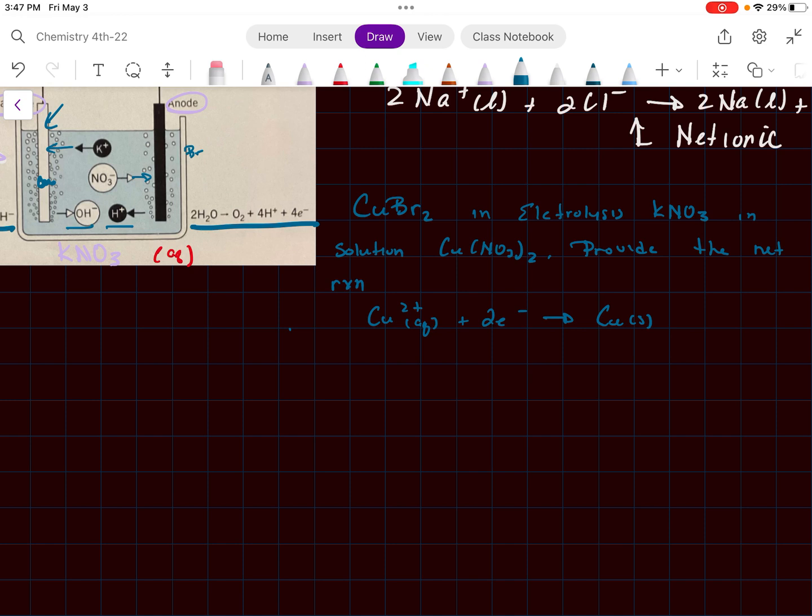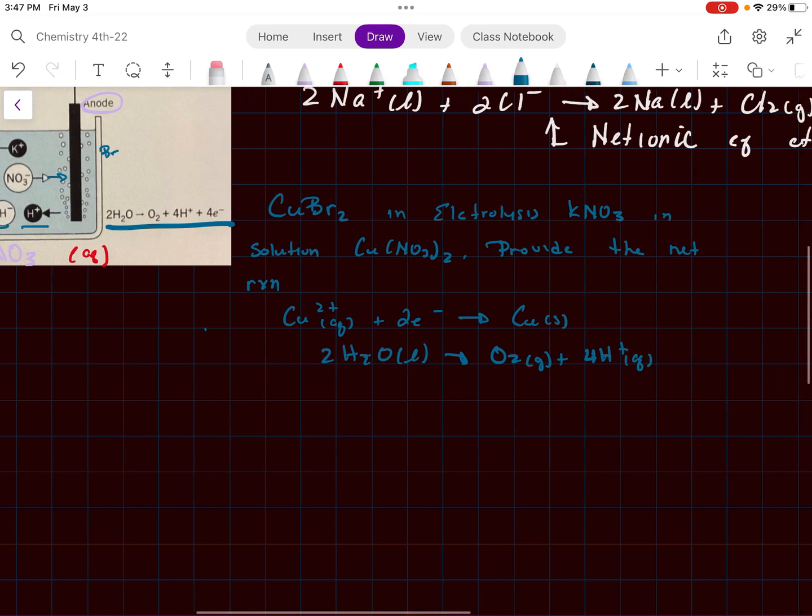Then we're going to take a look at the water here. That's going to form the O2 just like we discussed earlier, plus 4 electrons.